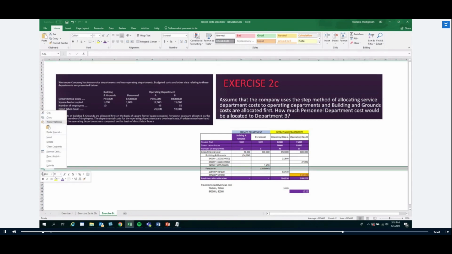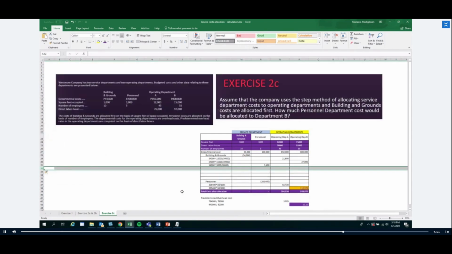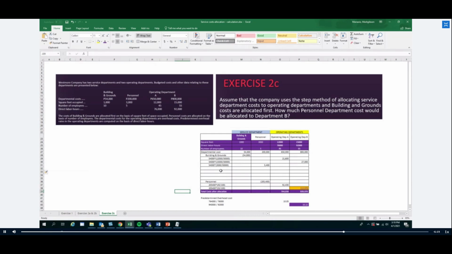No? So, alisin ko muna to para hindi nakakalito. So, in this case, ito na ngayon yung total cost after allocating building and grounds.